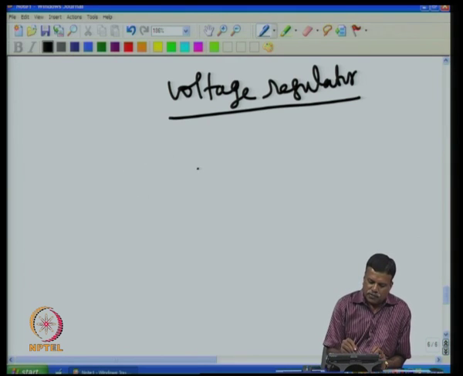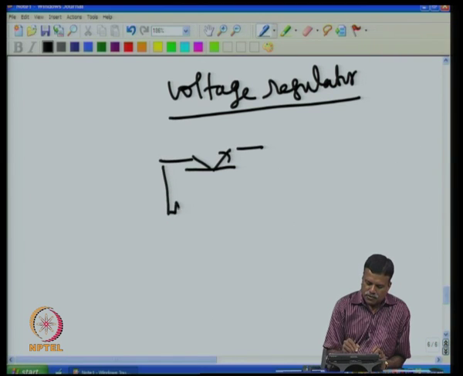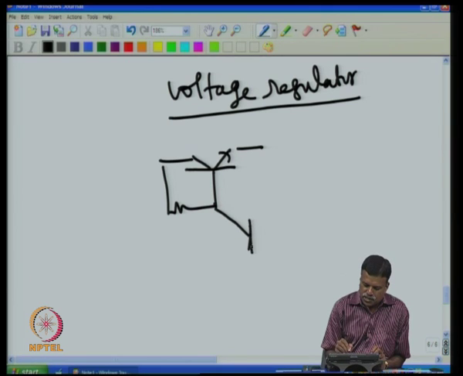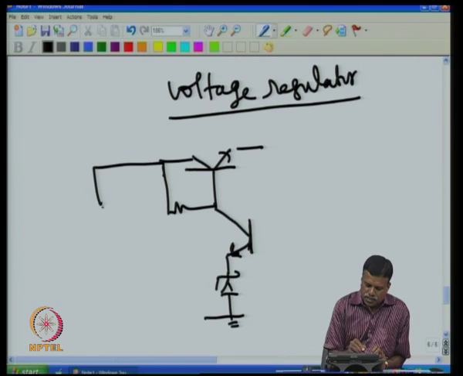For example, what they had done was they had taken a transistor like this, then they put the resistance here, then the so called error amplifier was built in here. They put the Zener diode here, and that is the input voltage which is unregulated.